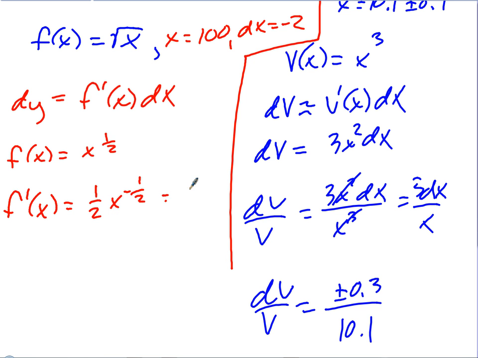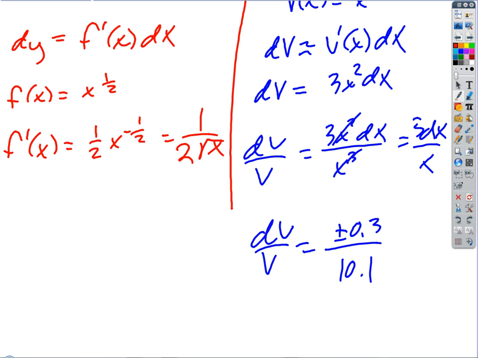Isn't that the same thing as just saying 1 over 2 times x to the 1/2, which is just 2 times the square root of x on the bottom, right? Okay, so then dy is equal to 1 over 2 times the square root of x times dx.